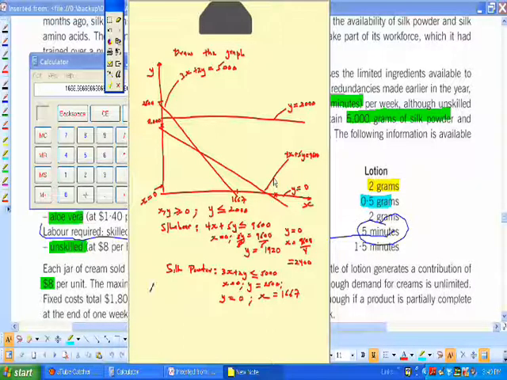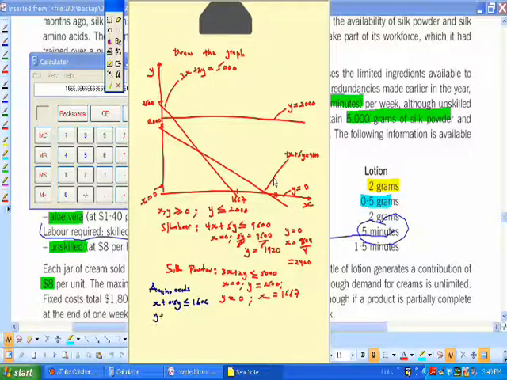The line for amino acids was x plus 0.5y is less than or equal to 1,600.